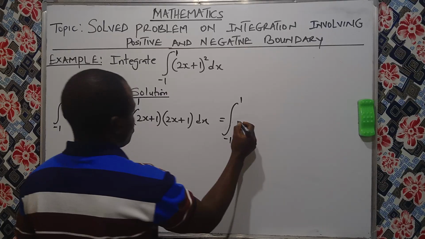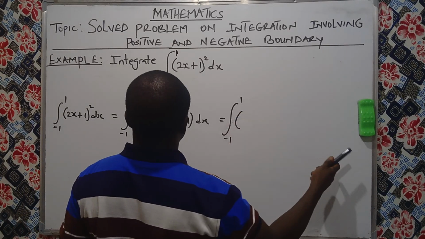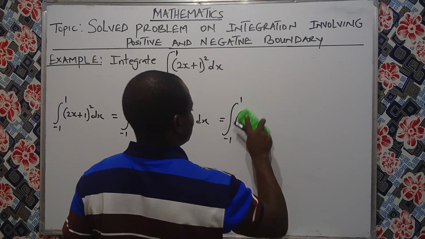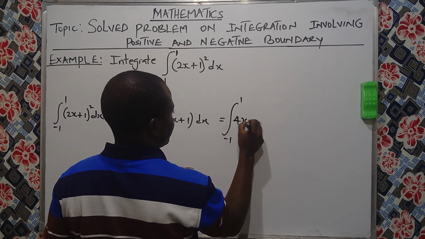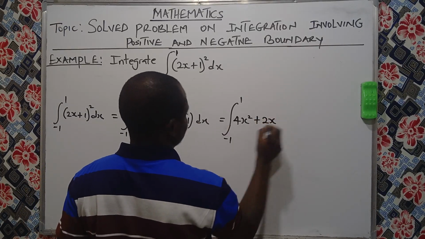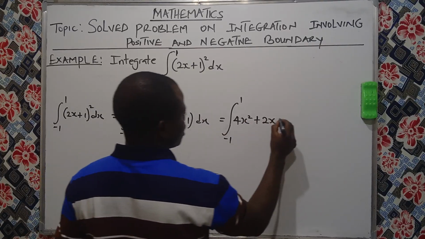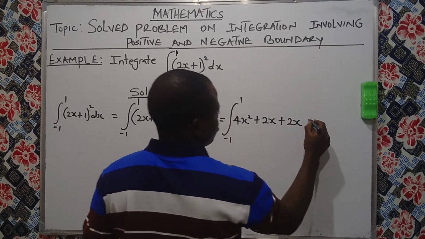From -1 to 1, 2x times 2x is 4x squared. 2x times 1 is plus 2x, 1 times 2x is plus 2x, and 1 times 1 is plus 1.